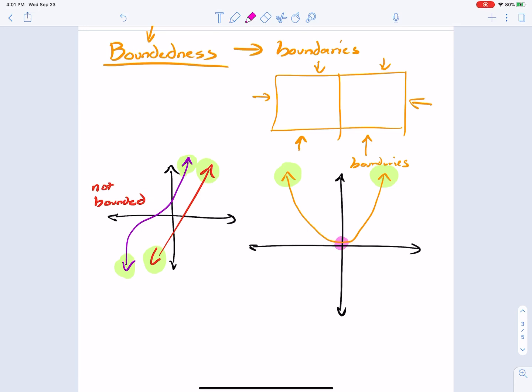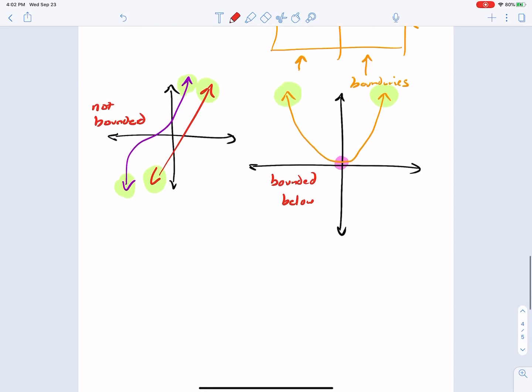So notice here with this particular graph, it doesn't go all the way down. Okay, the lowest it'll go is that pink highlight right there. So this is what you would describe as bounded below, because there's a boundary below. Okay, there's only so far that you can go down below, but it's not bounded above because the graph goes all the way up. Okay, and here's one more.